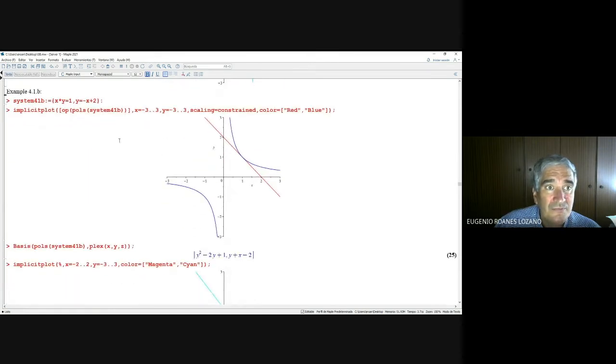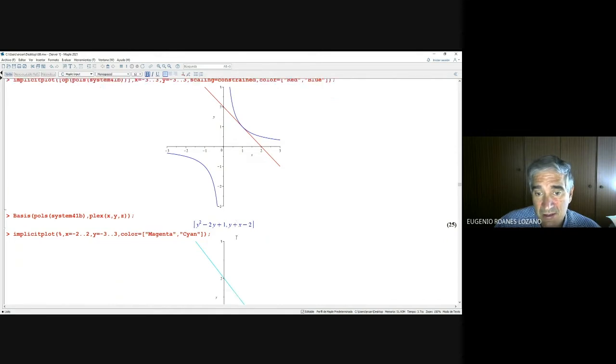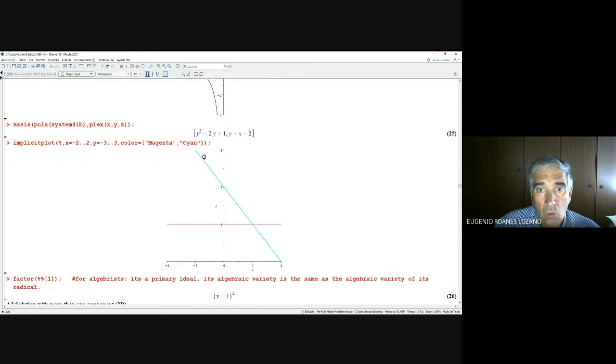Another example, if we have a hyperbola and a straight line, again we have a single solution, a point, and the Gröbner basis is formed by these two polynomials in this case, and what we have here is the intersection of two straight lines.